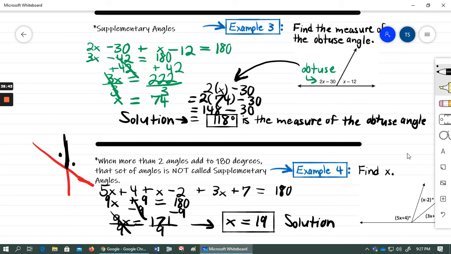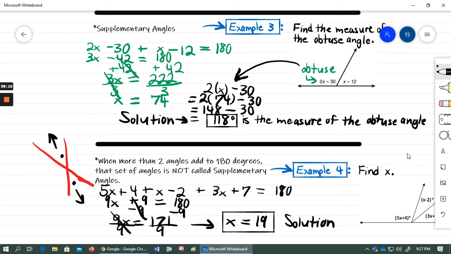Okay, let me get rid of all that. We're talking about non-adjacent angles, like this one and that one, that are facing opposite directions from each other. This angle opens up that way, and this angle opens up this way, right? They're not adjacent to each other, and they're facing opposite directions.